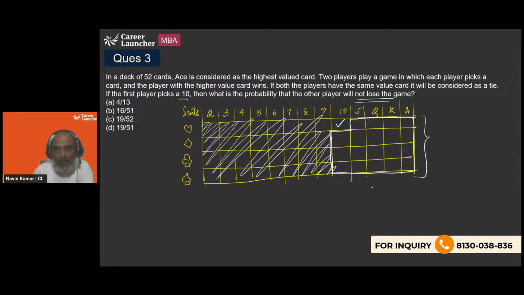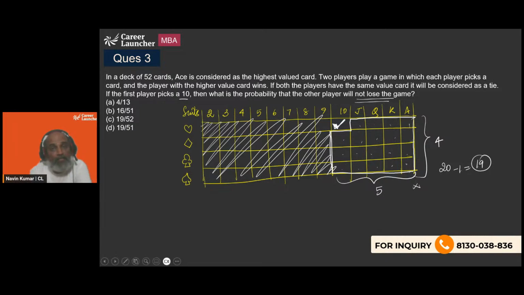If you pay attention, this is a block with 5 columns and 4 rows. So there are 20 cards, out of which one of the 10s has been picked. So minus 1. So the second player can pick any of these 19 cards that you see here and will not lose the game, right?